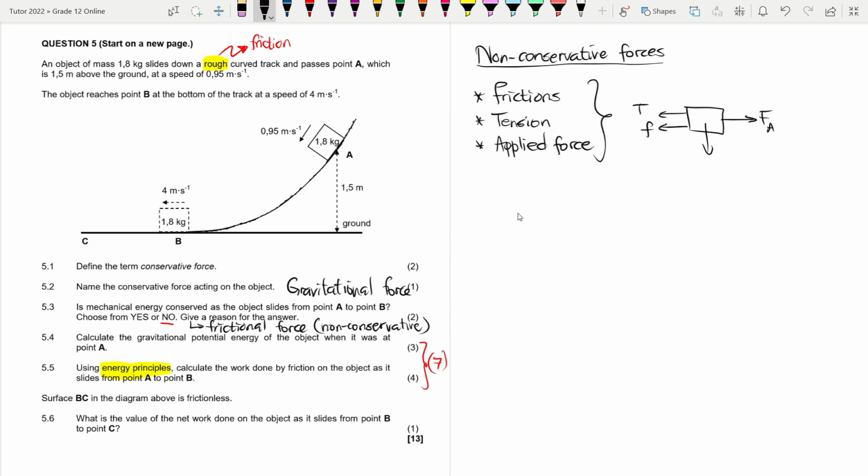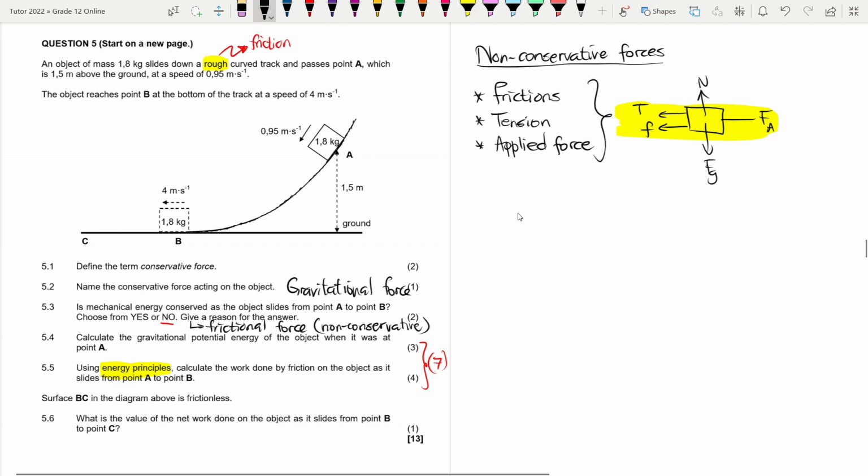So we have our Fg going down this way, we have our normal force. You can see these ones are forces that can directly impact the motion of the object. If the definition doesn't really make sense, these are forces that depend on the path you take.